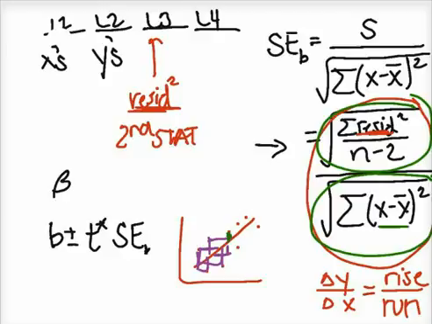Once you have that, you go onto your home screen and sum your list 3, because list 3 is all of your residuals squared now. So I'm going to sum list 3. And I actually want to divide that by n minus 2.